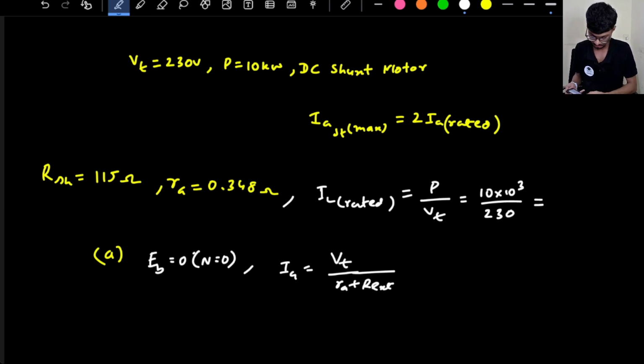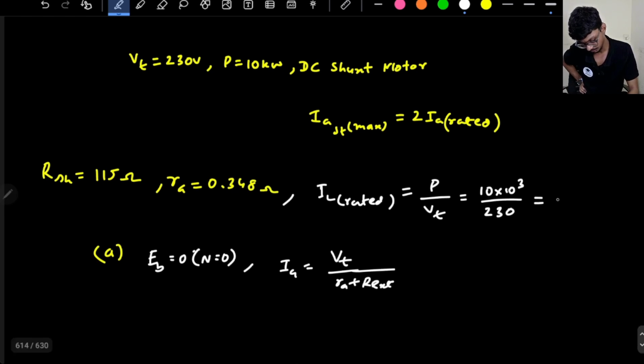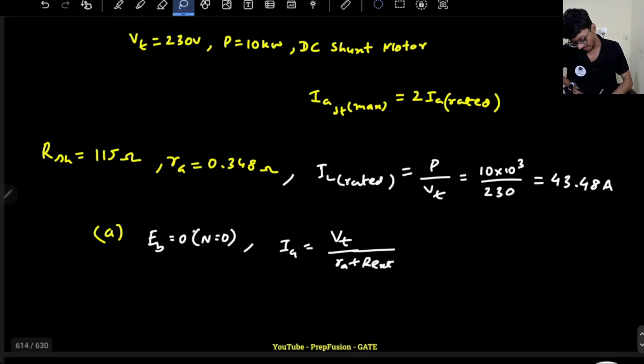This will be 10000 divided by 230, so 43.48 amperes. That is the IL rated.